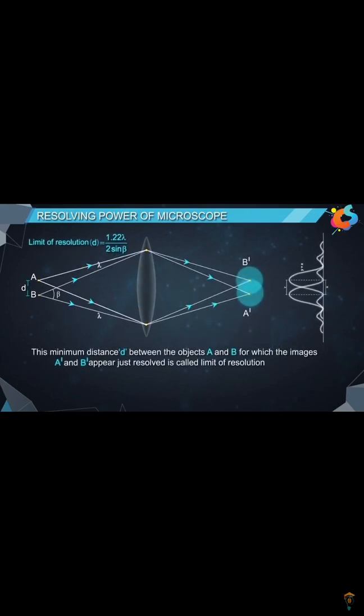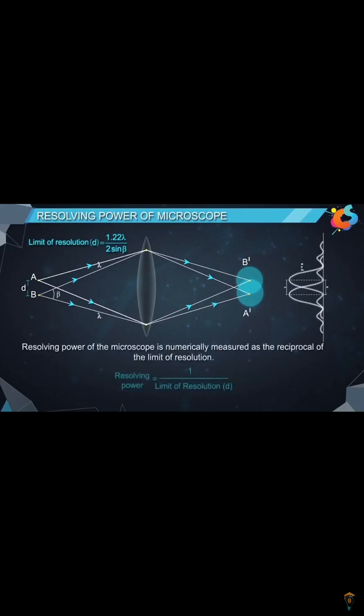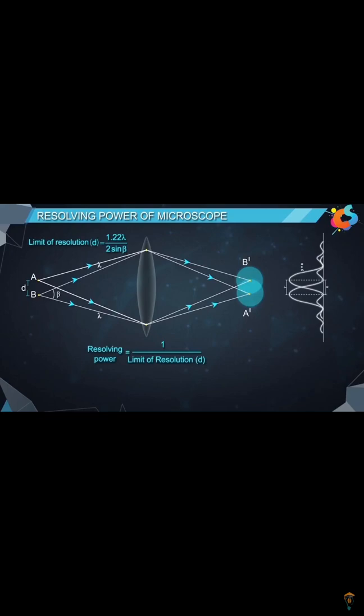This minimum distance D between the objects A and B for which the images A dash and B dash appear just resolved is called the limit of resolution. The resolving power of the microscope is numerically measured as the reciprocal of the limit of resolution. Therefore, resolving power is equal to 1 by D, which is equal to 2 sine beta divided by 1.22 lambda.